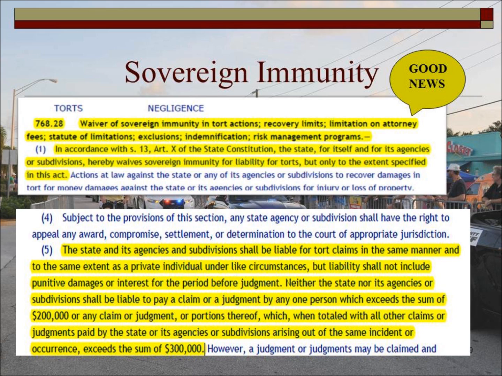There are some theories of cloaking private entities with sovereign immunity if they act on behalf of the government, such as private police forces. They're generally private for-profit corporations. Can they be sued? Should they? Yes. The answer is obviously yes. Should they be entitled to sovereign immunity rights so that they don't go bankrupt? There's a big debate about that. Some people say, hey, if they're in it for profit, then they're in it for loss as well.